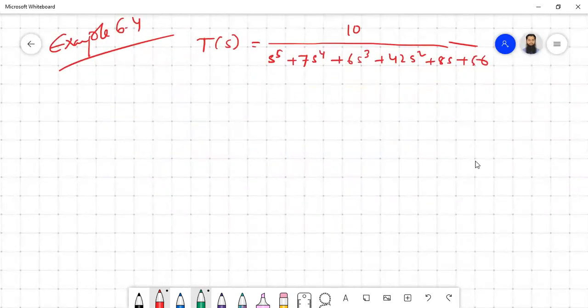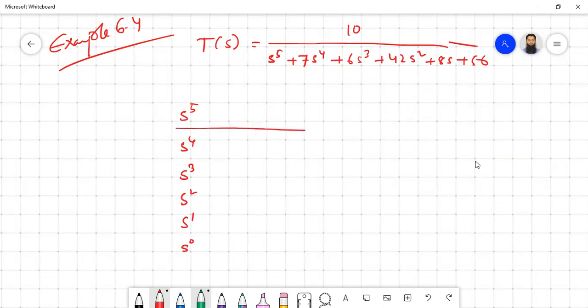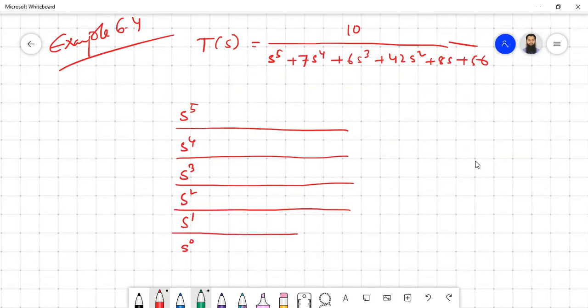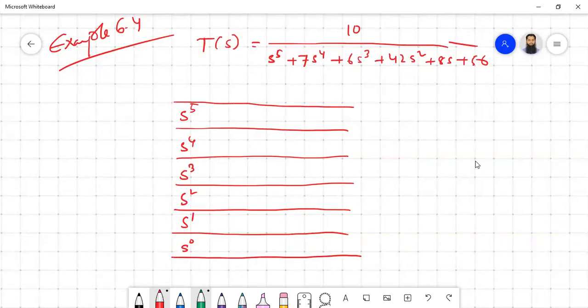So s to the power 5, s to the power 4, s cubed, s squared, s to the power 1, s to the power 0. Now place coefficients 1, 7, 6, 42, 8, 56.